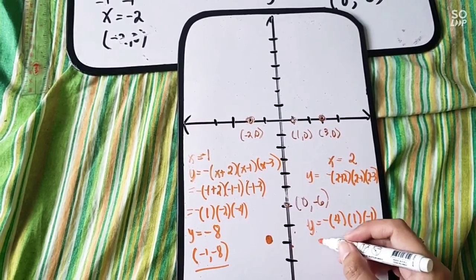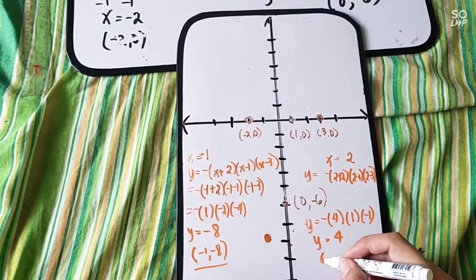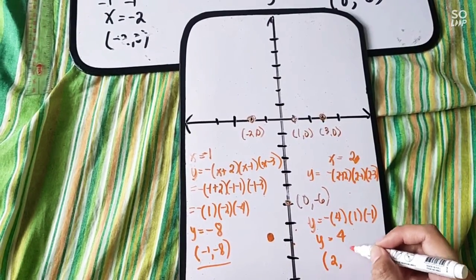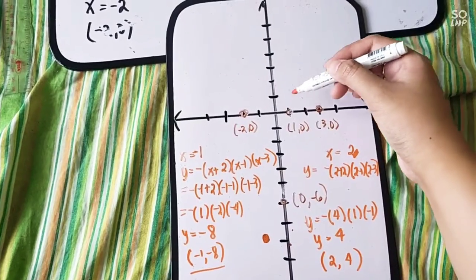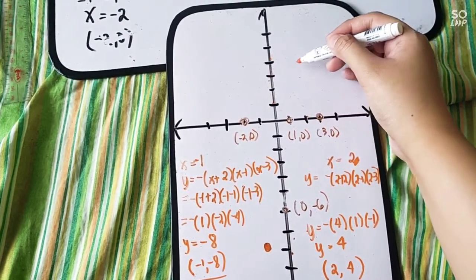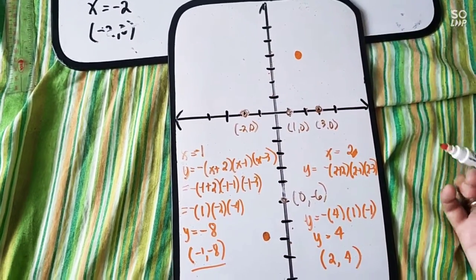So multiply, the answer is y equals positive 4. So the other point has x equals 2 and y equals 4. So (2, 4): 1, 2, then 1, 2, 3, 4. Line it up. So this is the other point.